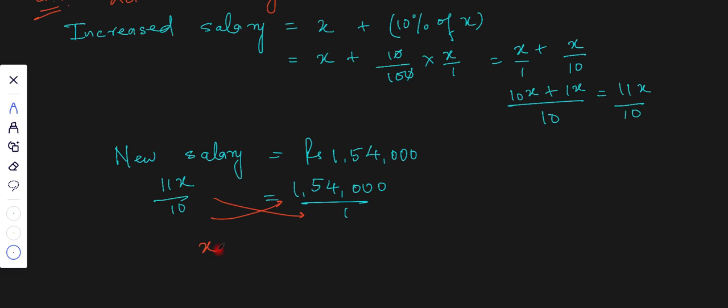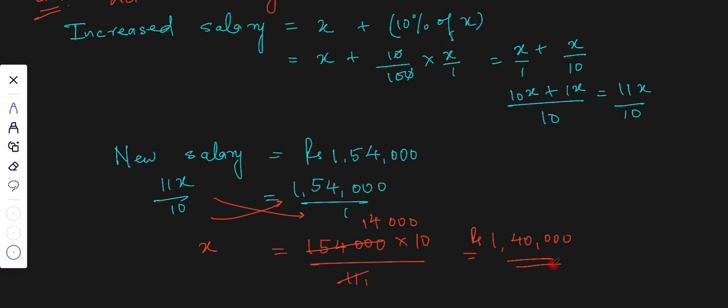So the value of X is X equals 1,54,000 multiplied by 10 divided by 11. Now 11 ones are 11, 11 fours are 44, and 3 zeros. That means 1,40,000. So this was his original salary.